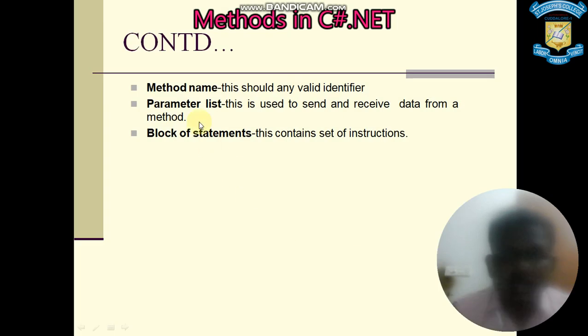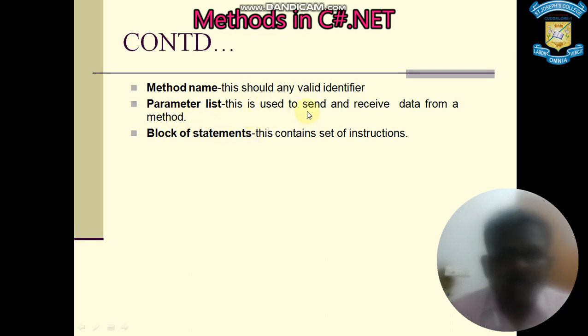Next one is the method name. The method name should be a valid identifier. It's like a variable. We know how to define a variable. We have rules and regulations on how to declare a variable. So the method name is any valid identifier. The third one is parameter list.